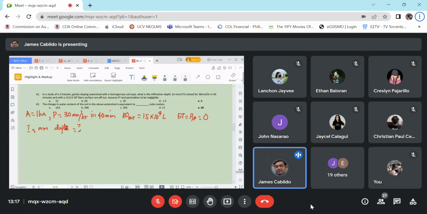So, what equation do we use? We're talking about rainfall, infiltration, runoff, evaporation. So we just need the form of the mass balance equation: precipitation minus losses equals runoff. That is our basic equation.